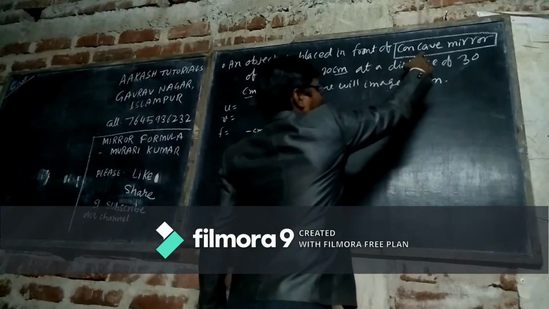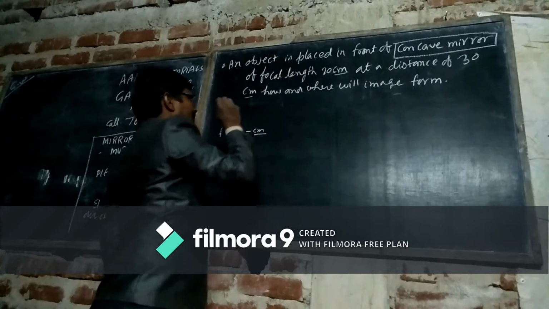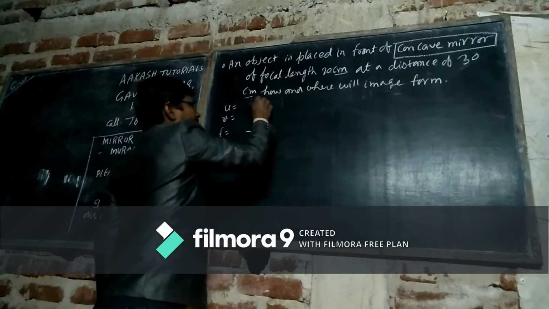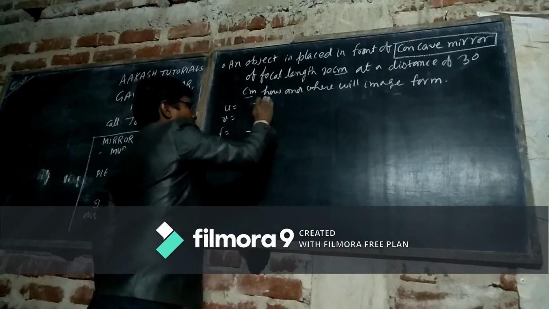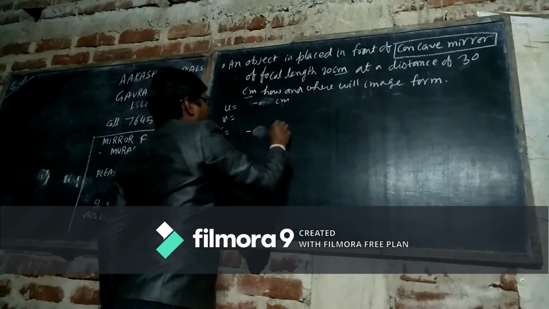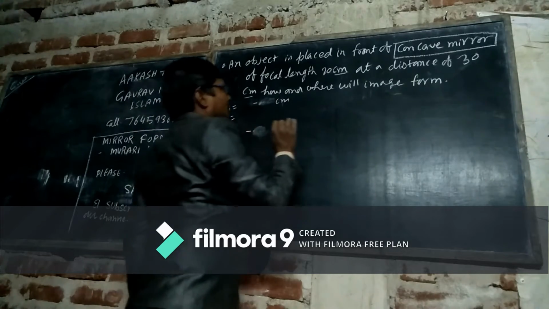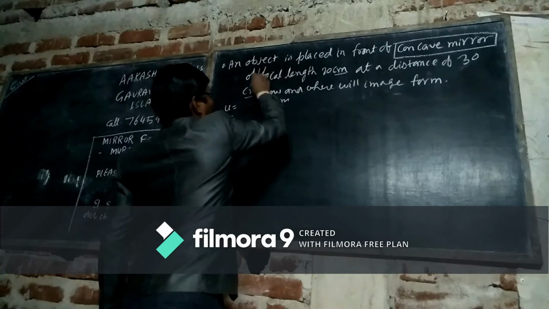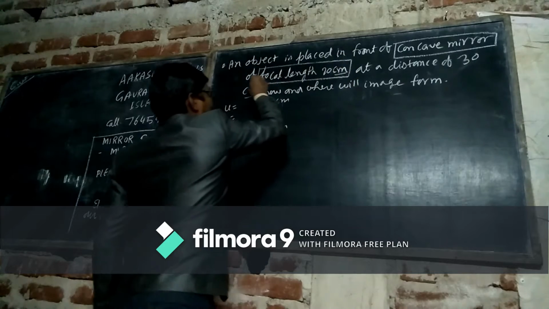Since it is a concave mirror, f will be negative. u is always negative. Sorry, always negative. v, okay.